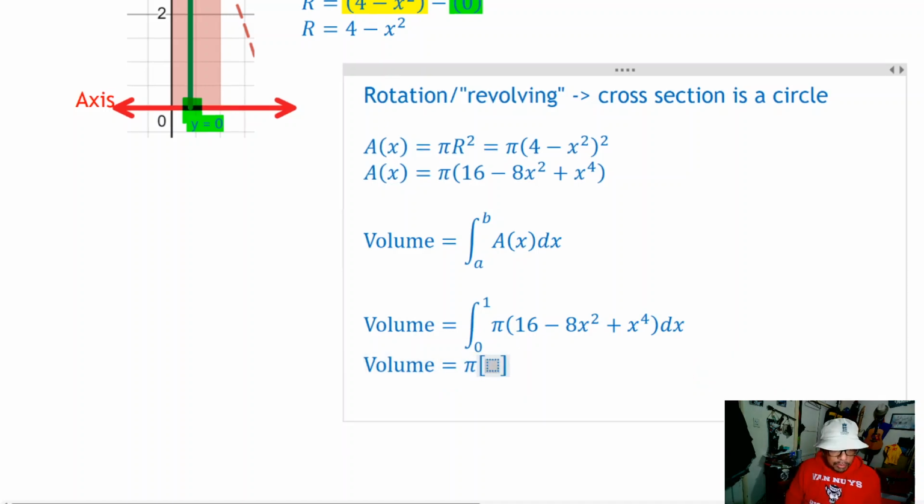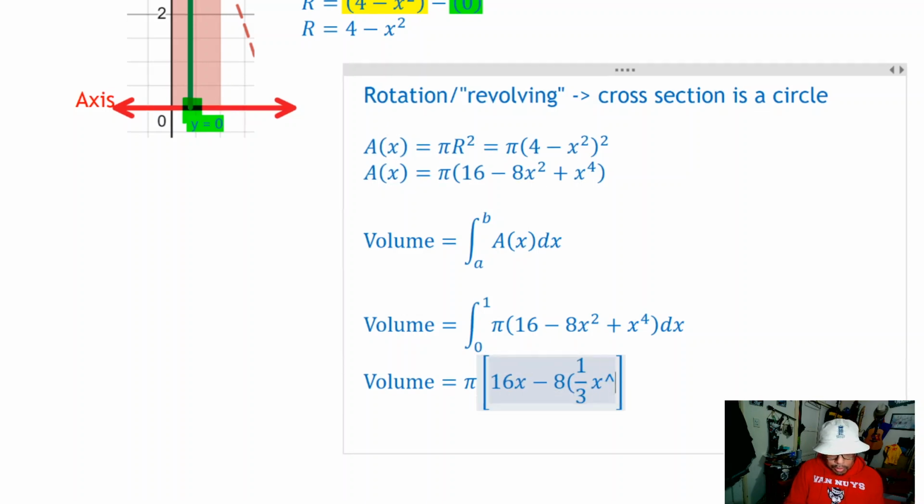The antiderivative of 16 is 16x. The antiderivative of x squared is 1/3 x to the 3rd power. And then the antiderivative of x to the 4th power is 1/5 x to the 5th power. And then we're going to go from 0 to 1 again.